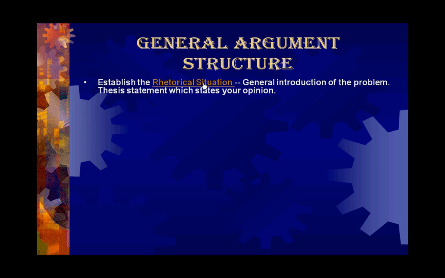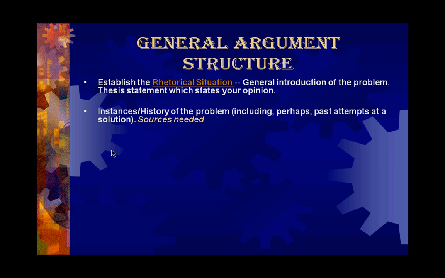Okay, so we've looked at the rhetorical situation. Then what you'll do, either in the rhetorical situation or as part of your argument, would talk about other instances, build up the significance of the problem. What's the impact? Think of those things in your argument that will be very important for the audience to know.